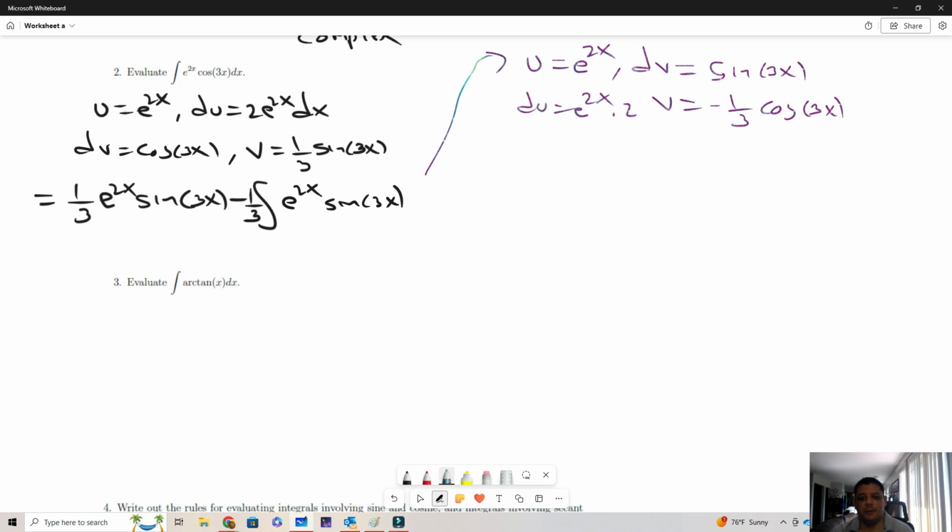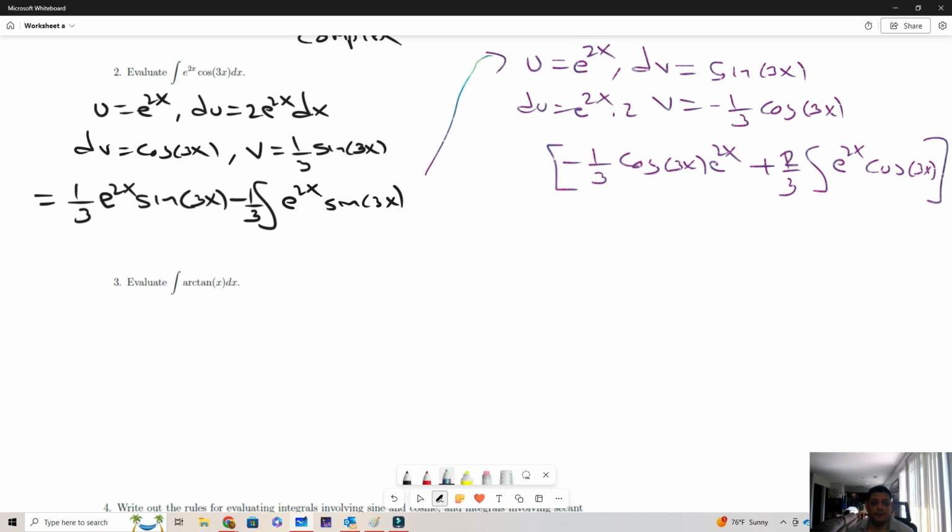So when I do the integration by parts, this piece becomes minus 1/3 cosine of 3x e to the 2x minus the integral of v du, and notice this minus and minus is a plus, and with the 2/3, I get the integral of e to the 2x cosine of 3x.